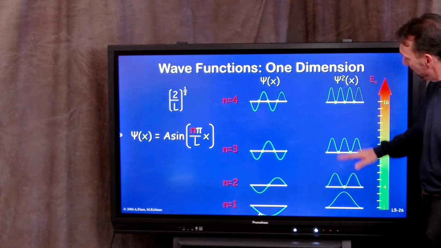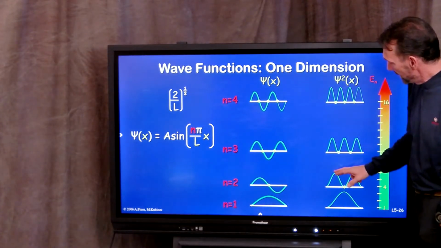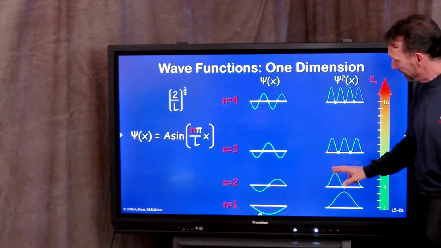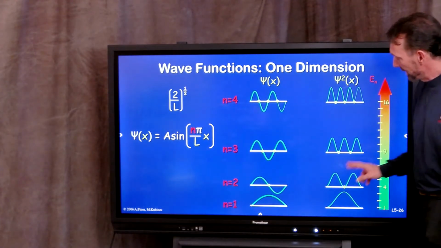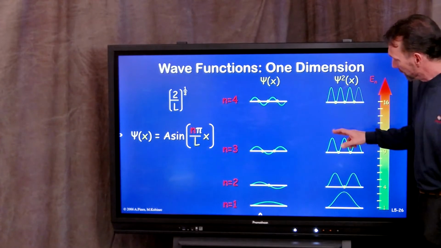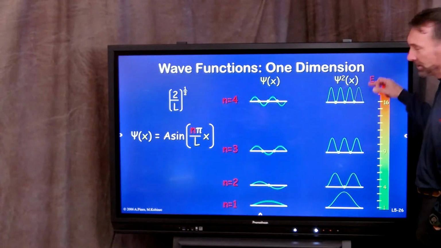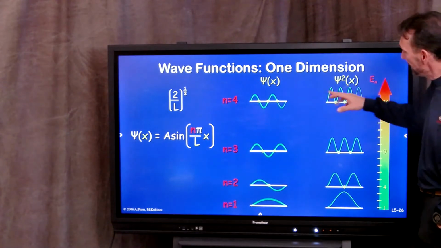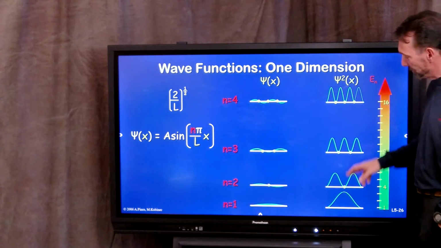As I go up, the square of the wave function changes, and now it's more likely here and here. I go up, now likely here, here, and here. So you can see the range of positions is changing.